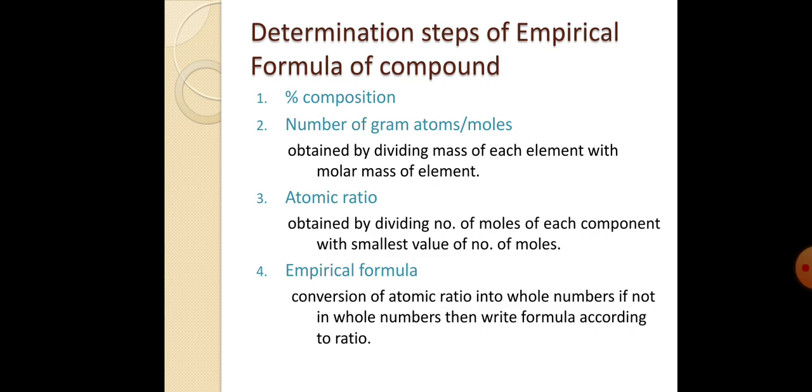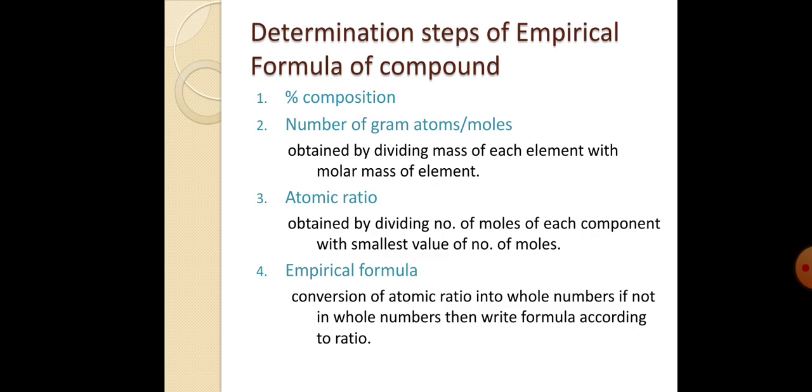And to calculate the number of moles, divide the mass of each element, here in this case the percentage, by the molar mass of the element. By dividing the percentage or mass of the element by its molar mass, we come to know the number of moles of that specific element.